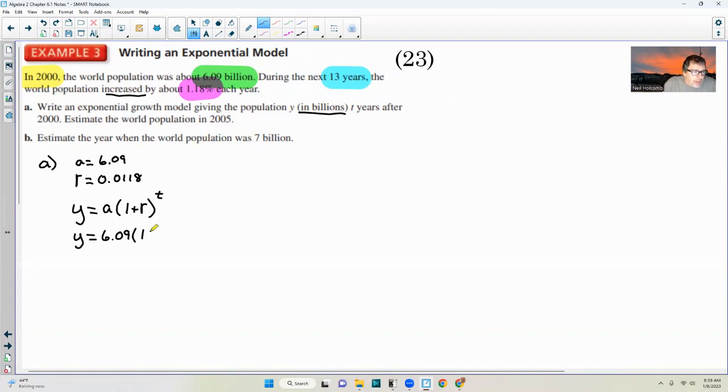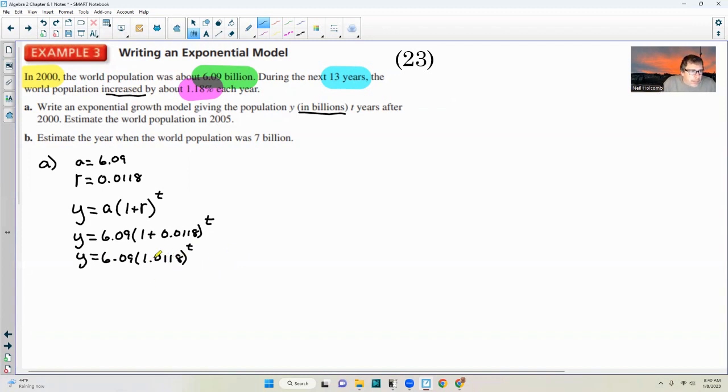So it's going to be 1 plus 0.0118 to the power of t. Then I simplify my parentheses, 6.09 times 1.0118 to the power of t. Okay, so there is our simplified exponential growth model.